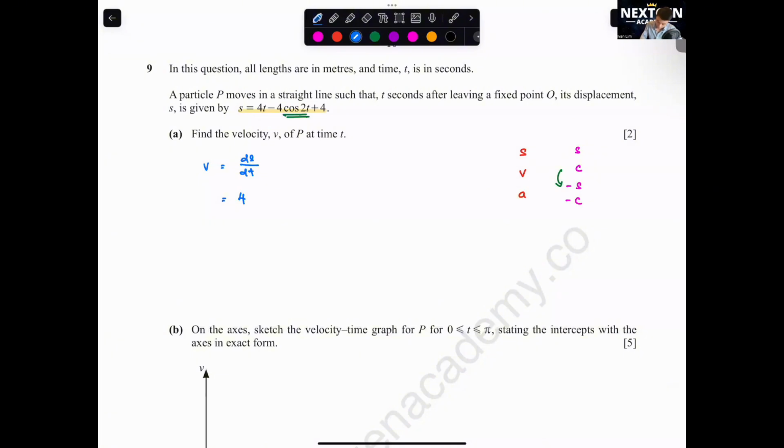How would I write this? 4t will become 4. The minus 4, you leave it outside first. This one will become minus 2 sine 2t. Plus 4 will become 0. So we will get here 4 plus 8 sine 2t. This is v.